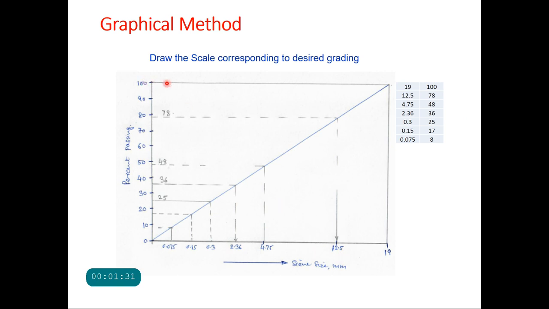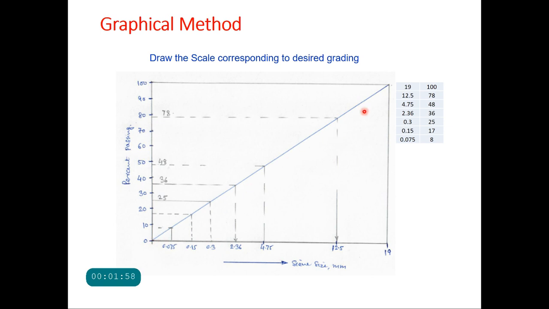At 100% passing, you have the sieve size 19 millimeters. You write 19 here. For 78%, we write the scale 12.5. Similarly for 48% passing, we have 4.75 and so on. So this is the scale.